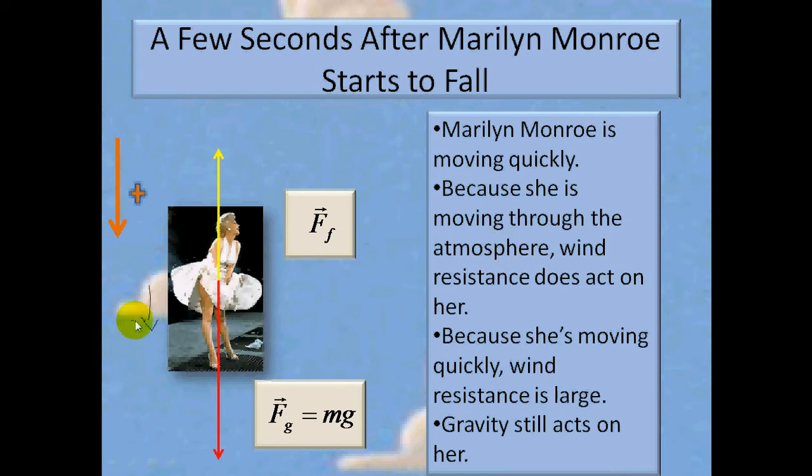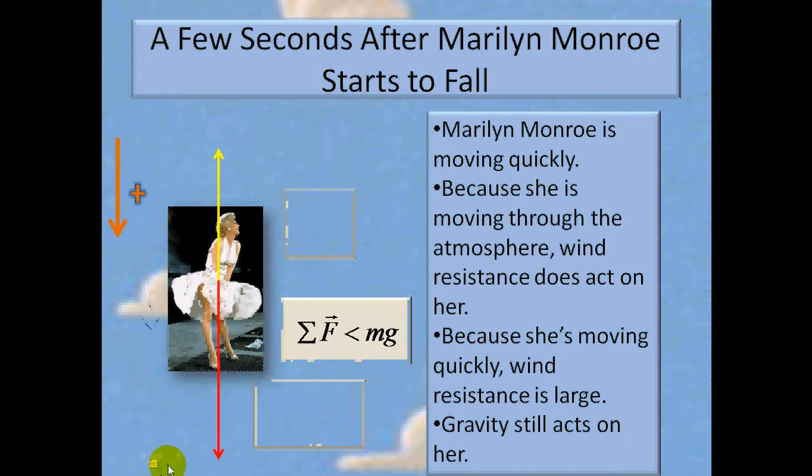Since her net force points down, her acceleration also points down, so she's still speeding up as she falls down, but she's not speeding up so quickly anymore. Again, her net force is smaller than it was when she stepped off of the airplane. So now she's still accelerating downward, but she's not speeding up quite so quickly.